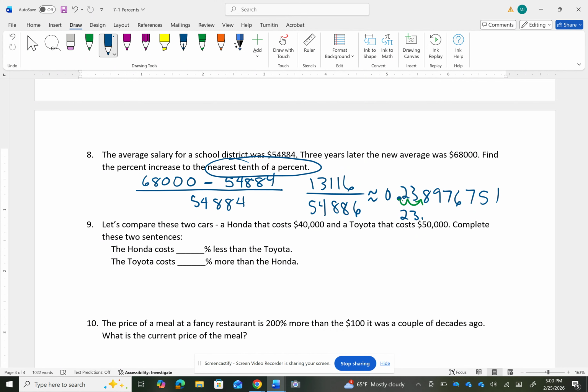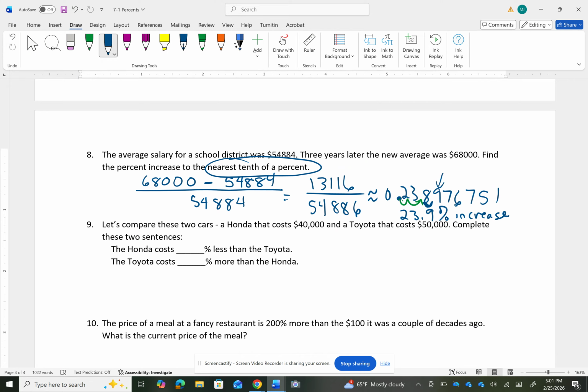Now I'm going to round to one place after the decimal, and because this is a 9, I would say this is a 23.9% increase. That's a 23.9% increase over those 3 years total. It's not per year. It's 23.9% for the 3 years.